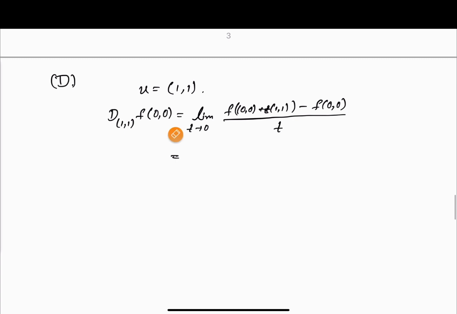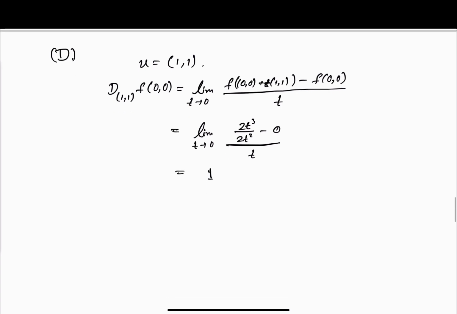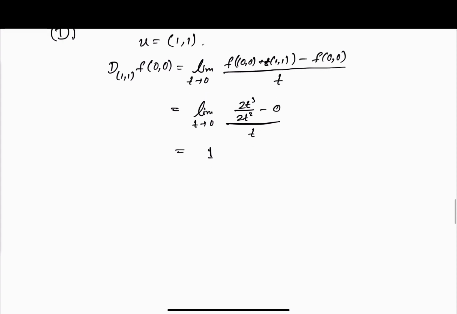If you put these values in the function, you will get 2t cube by 2t square, minus 0, by t. If you calculate this limit, you will get 1. So the directional derivative of f in the direction (1, 1) at the point (0, 0) is 1, right?